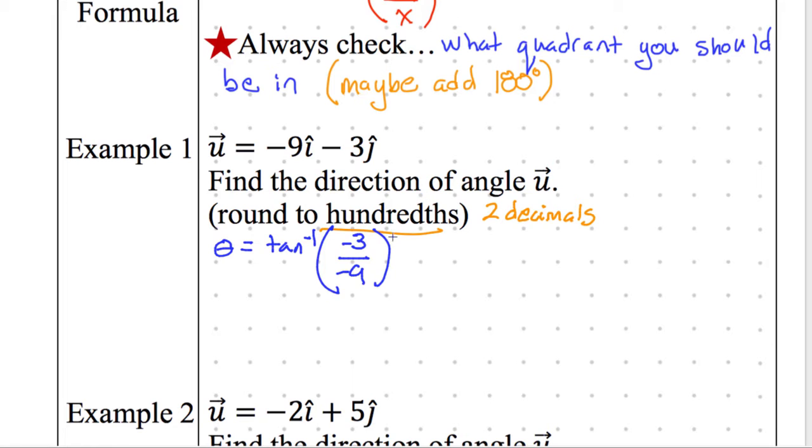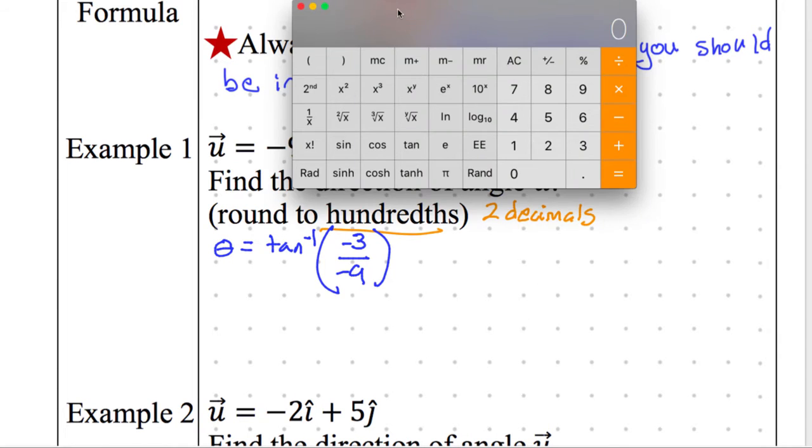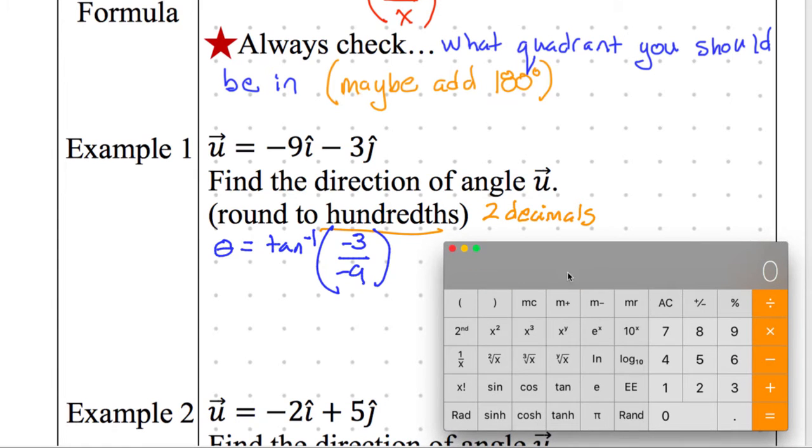Okay, so let's go ahead and do this on our calculator. I'll just use the calculator that comes with my laptop. So I have to do the arctan. When I do that second tan, I do that after I do the value. So let's see, clear this.